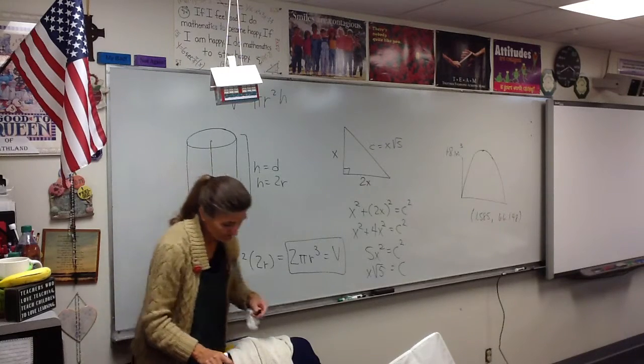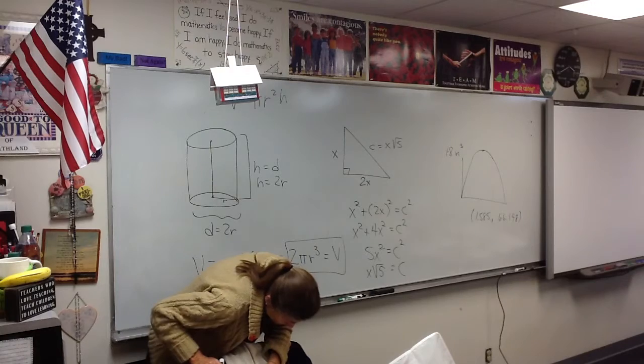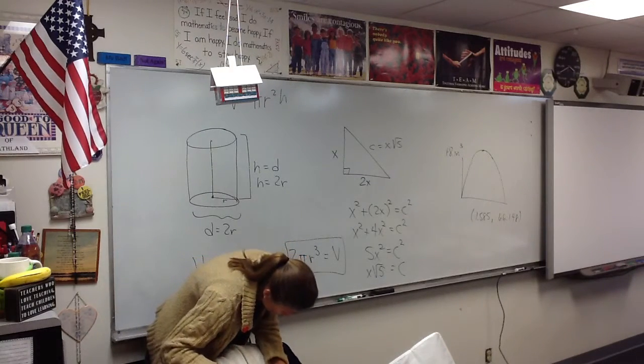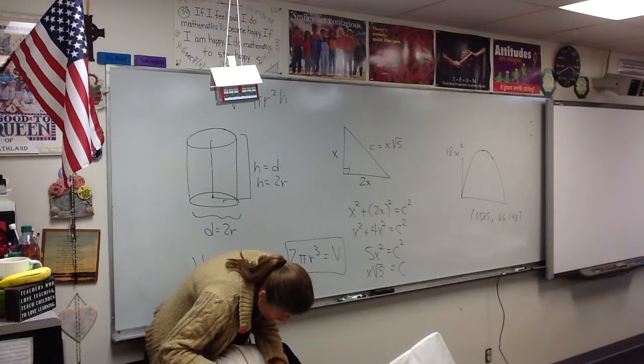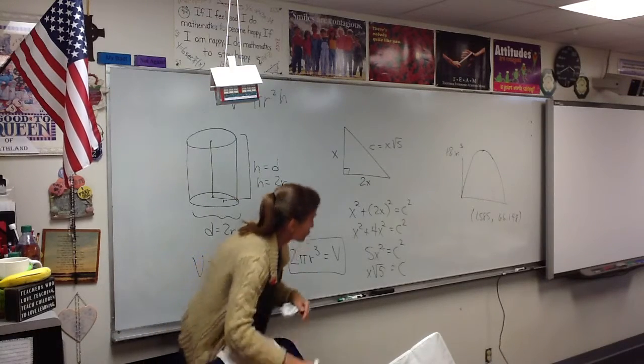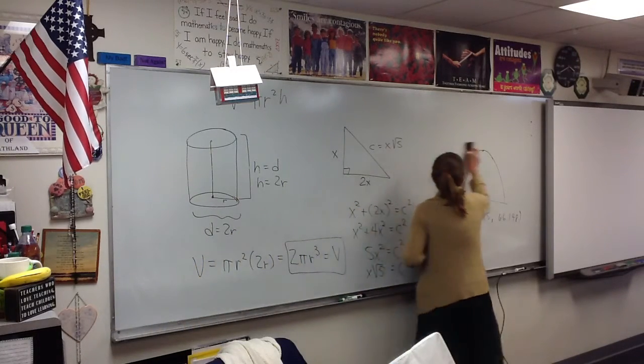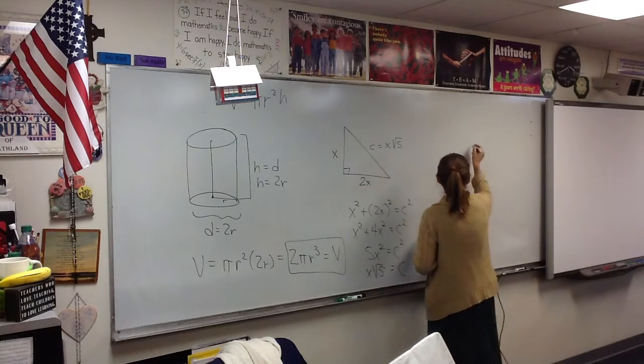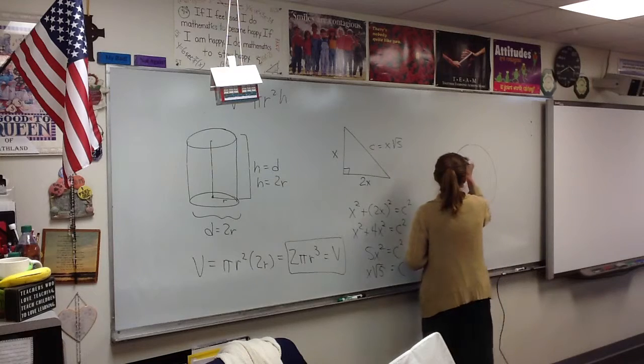Pick another one. We're sticking with 1 through 20. 18. A square is inscribed in a circle. All right, do you understand what that means? A square is inscribed in a circle?